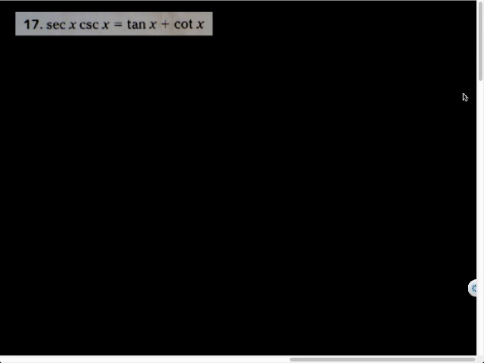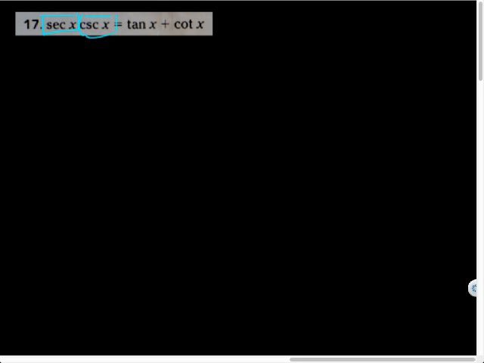So here we are, problem 17. Secant x times cosecant x equals tan x plus cotan x. Now, I want to point out, I see nothing squared here, so that's why I'm steering clear of the Pythag stuff. I'm interested to see what happens when I rewrite this and this in terms of sine and cosine.